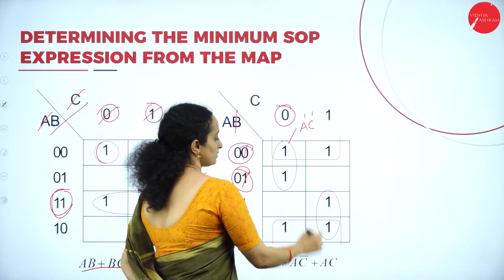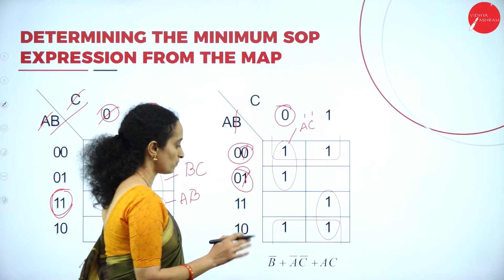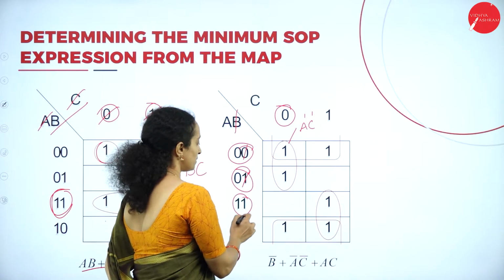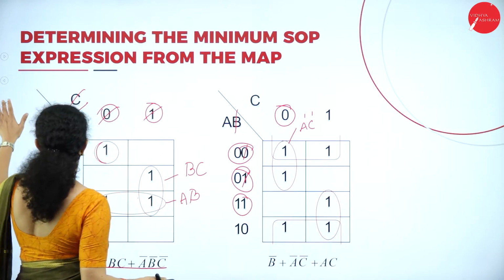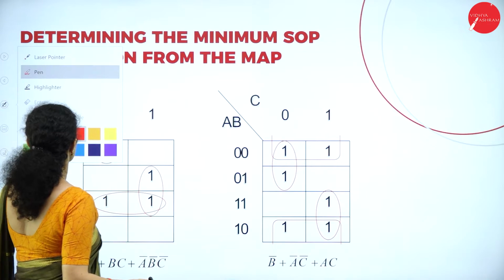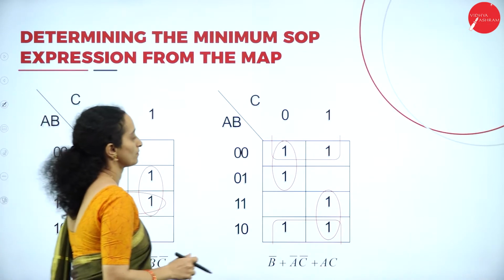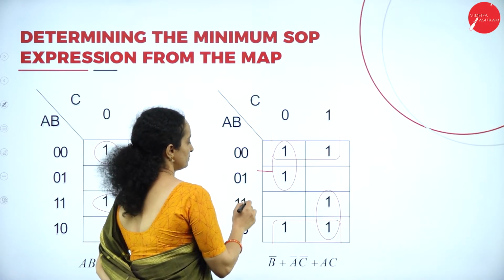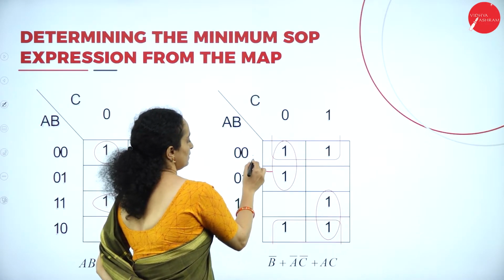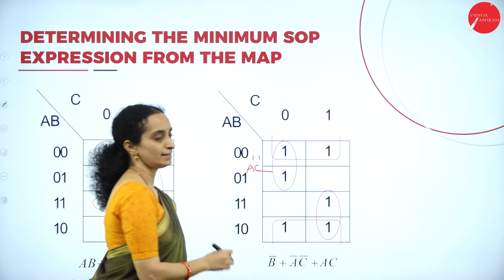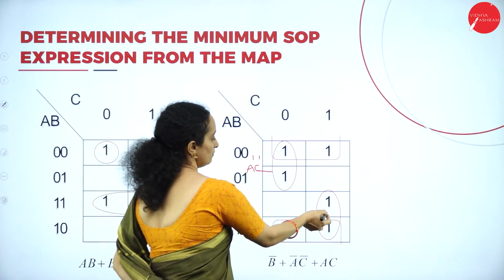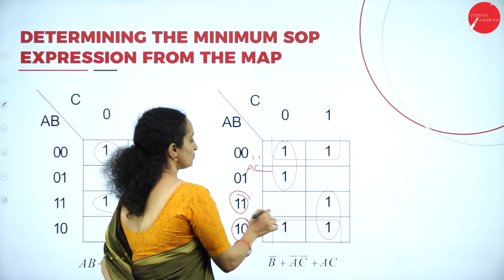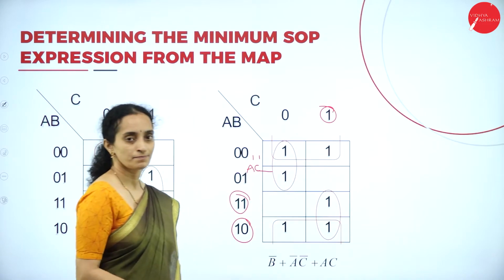Next we have this group. In whatever order, you can check or simplify the variables. So you have A dash, C dash. Next you have this one. Compare these two with this.